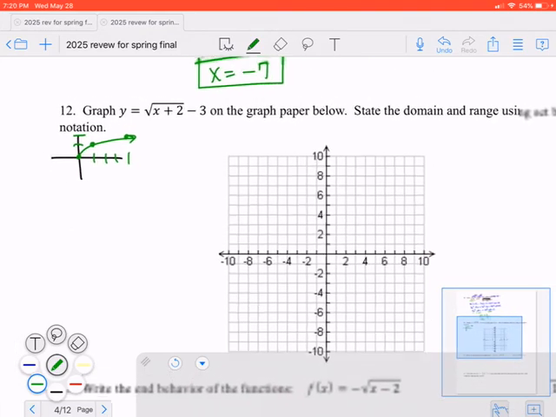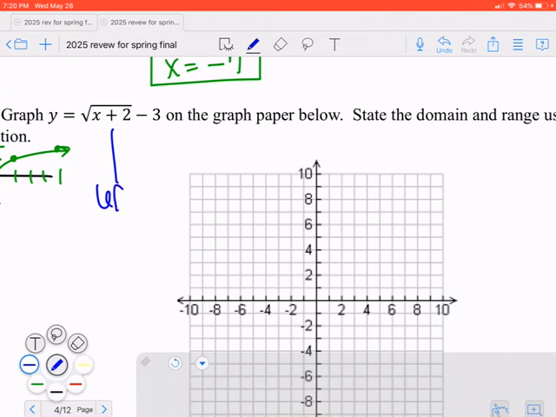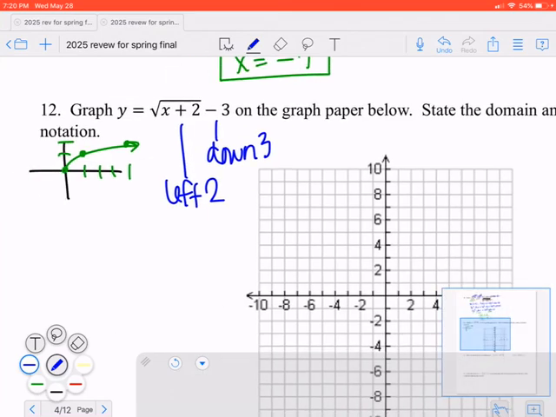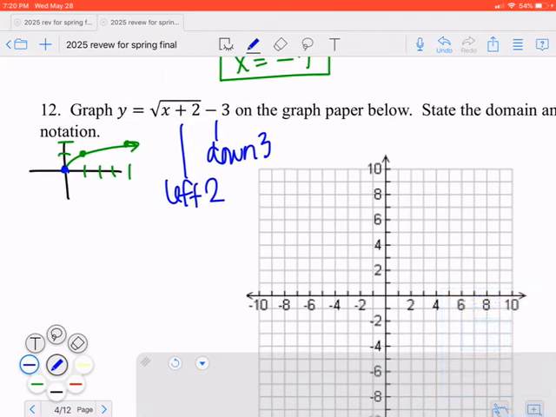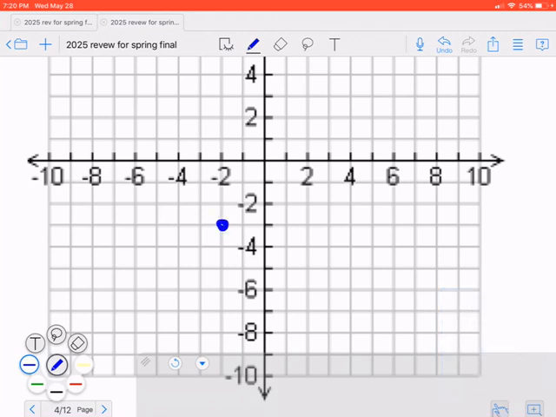And this one is going to the left 2 and down 3. So that starting point is left 2 and down 1, 2, 3. And then over 1, up 1, over 4, up 2.